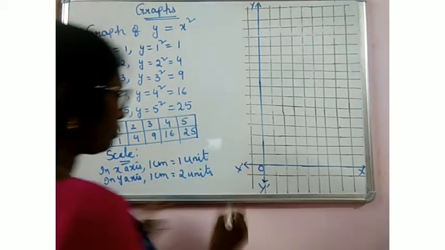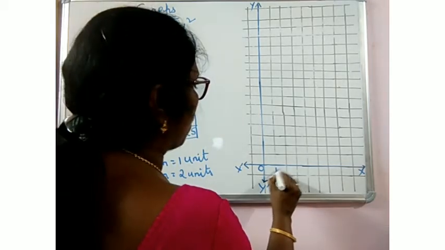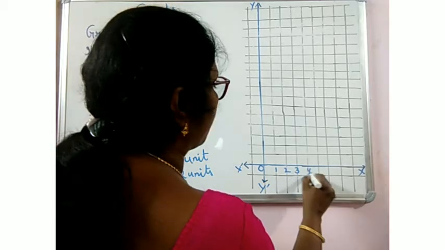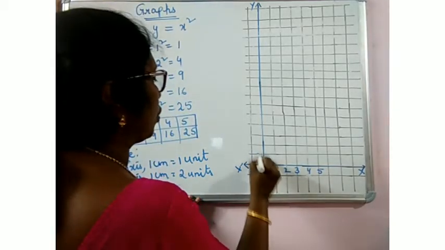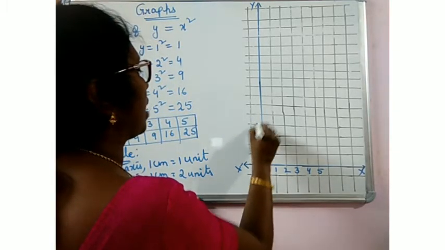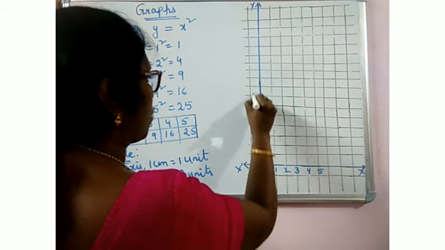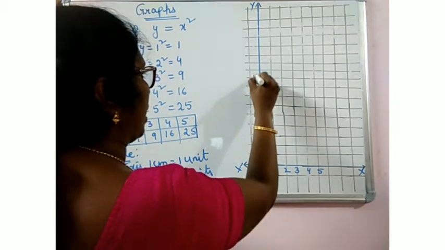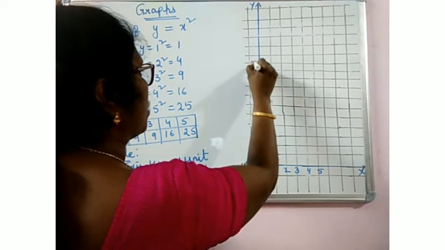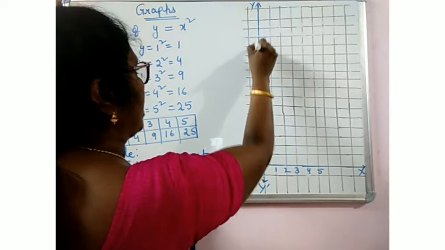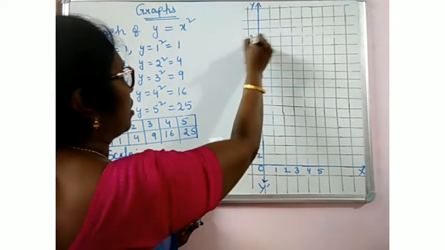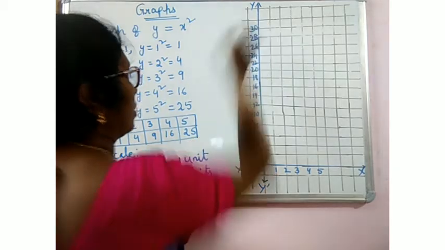Okay. So let me name now 1, 2, 3, 4, 5. Here 2, 4, 6, 8, 10, 12, 14, 16, 18, 20, 22, 24, 26, up to 25 is enough. If you want, you can write.